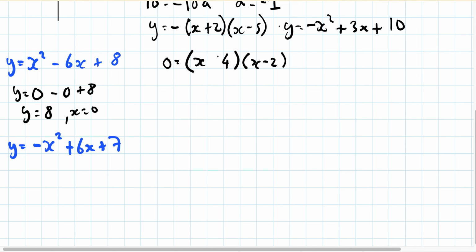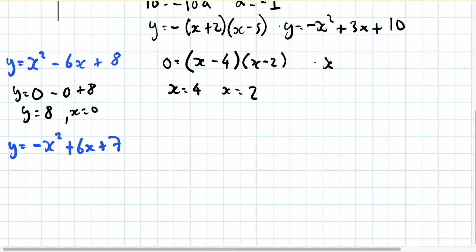We need a minus and a minus, so the roots are x equals 4 and x equals 2. And the last part is the minimum or maximum point, the turning point. So we're going to do our completing the square here.